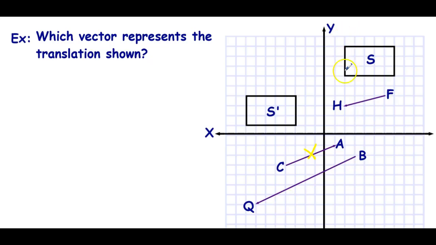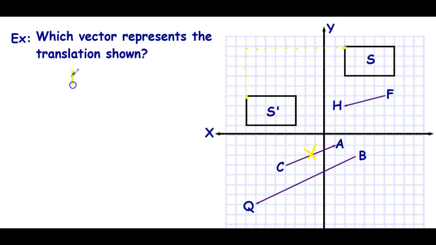Figure it out. I'm going to do what I did on the last page. I'm going to connect two corresponding vertices. I'm going to connect this top left vertex to its corresponding top left vertex. And I'm going to count how many over and how many down I need to move. From here I need to go 1, 2, 3, 4, 5, 6, 7, 8, 9, 10 to the left, and 1, 2, 3, 4, 5 down.